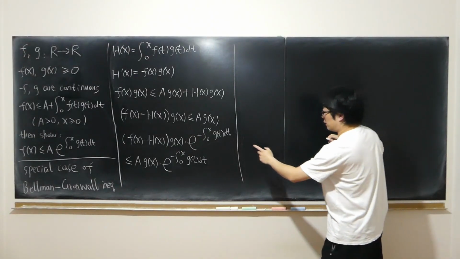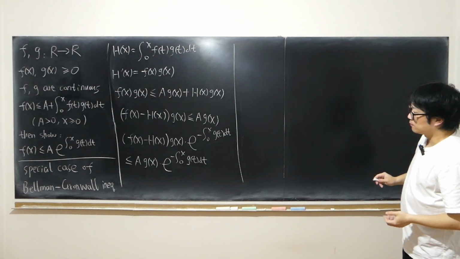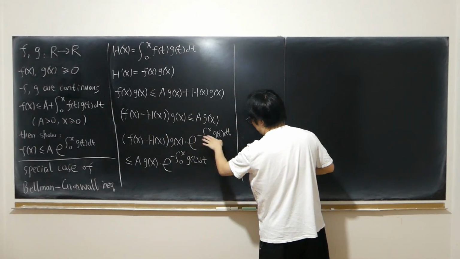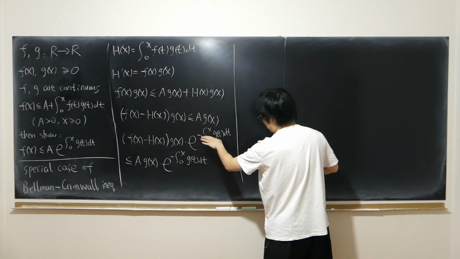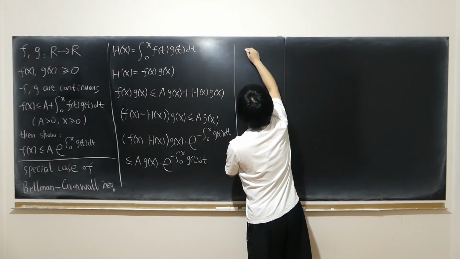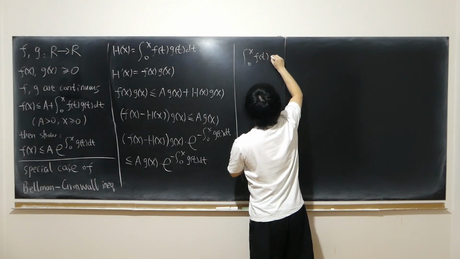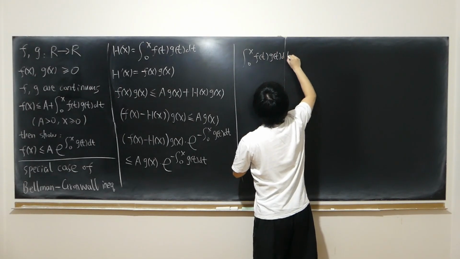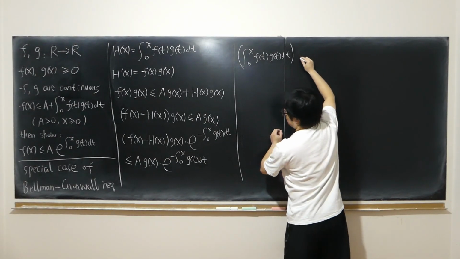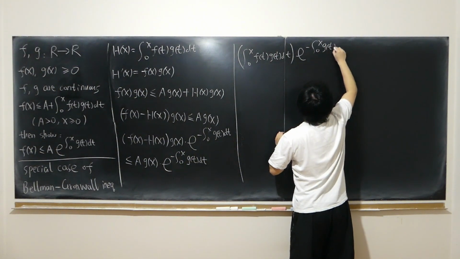Now the reason I put the negative integral is that if we observe closely, this is in fact the derivative of something. The derivative of, in fact, the integral from 0 to x, f of t g of t dt, times e to the negative integral from 0 to x, g of t dt.